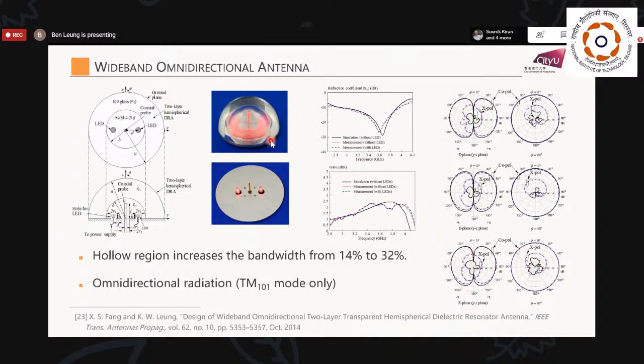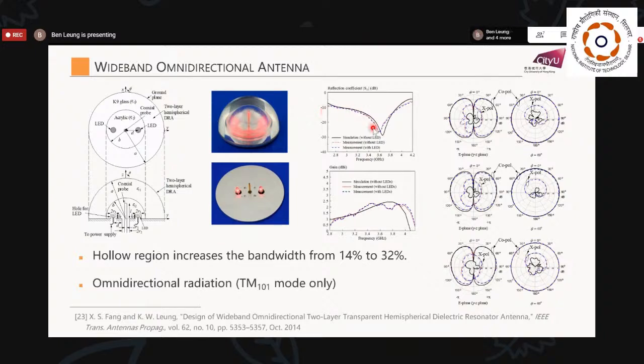For this wideband design, the basic theory is that we have a glass layer between air and the inner acrylic plastic. Because of this layer, the impedance can be matched very well, and we can obtain a wideband design.